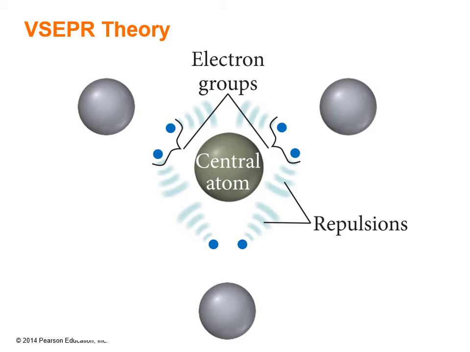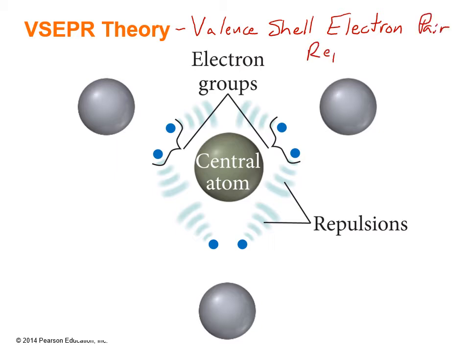Because these are made out of electrons, they are going to repel each other and want to be as far apart as possible. This leads to a theory, which is called valence shell electron pair repulsion.